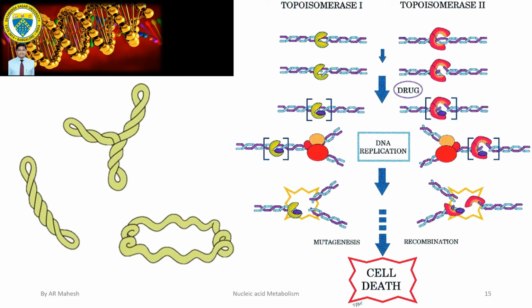This we term nuclease activity, and then it reseals the strand, which we term ligase activity. Type 2 DNA topoisomerases, also called DNA gyrase, cut both the strands and reseal them to overcome the problem of supercoils. Now, the video demonstrates the complete synthesis of DNA.